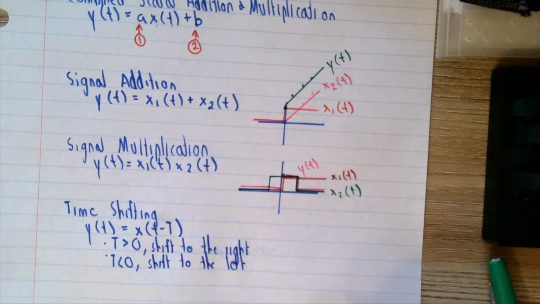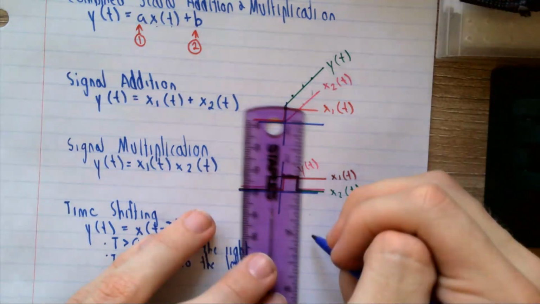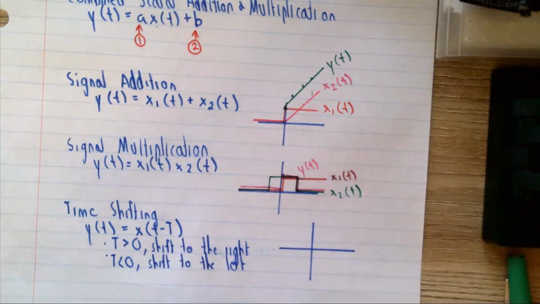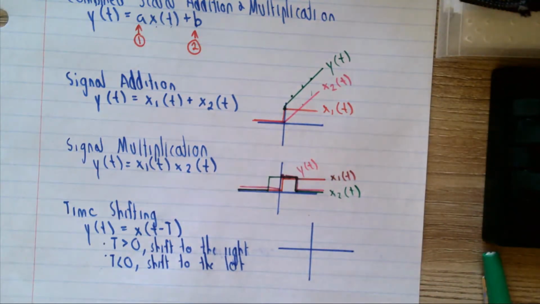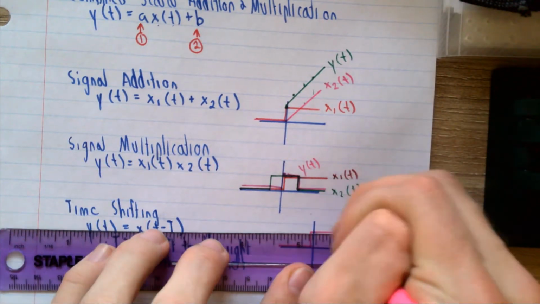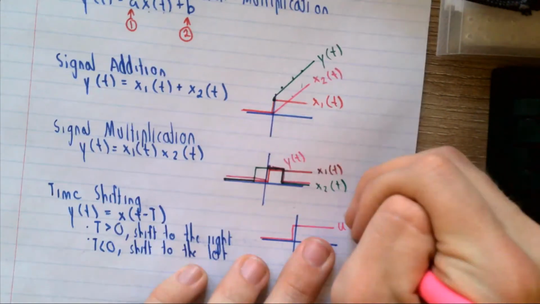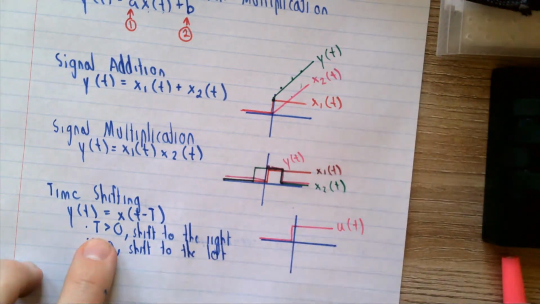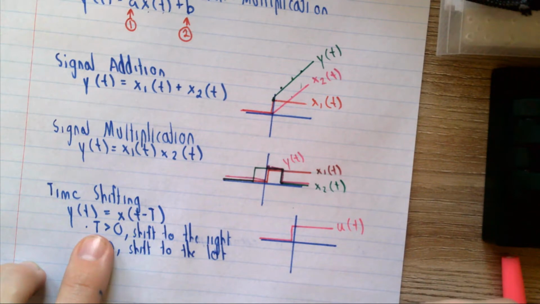And so what we're going to have here is going to look like this. If we have our original signal, and I'm just going to use the unit step for this, u of t, if we have u of t minus 1, so 1 is greater than 0, we shift it to the right.